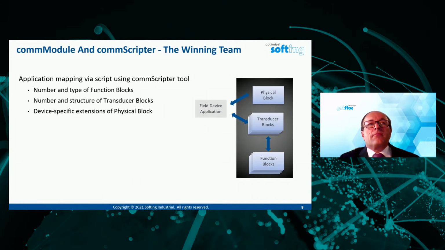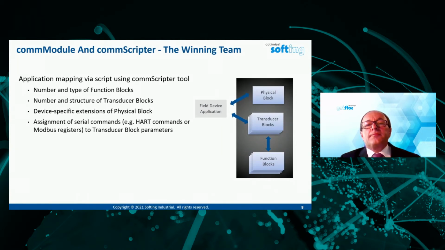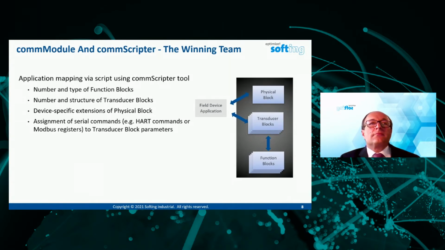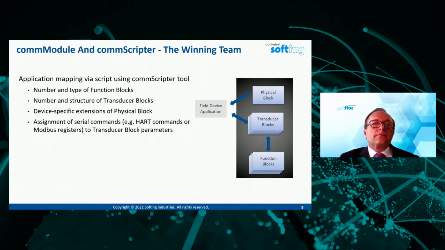Also, device-specific extensions of the physical block are possible. Finally, the mapping between transducer block parameters and corresponding serial commands takes place. This is where existing HART or Modbus devices can be reused easily.